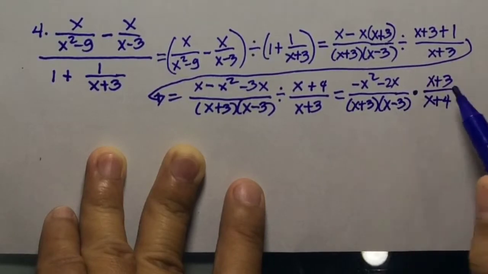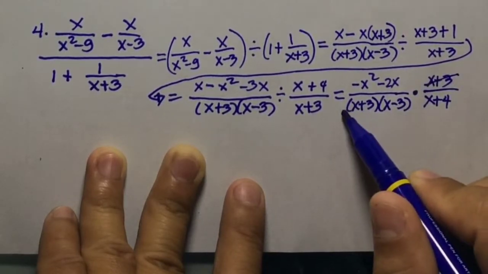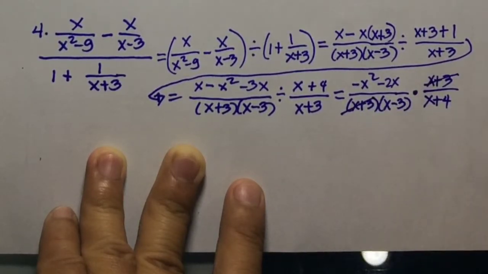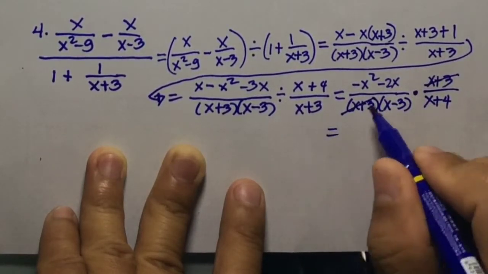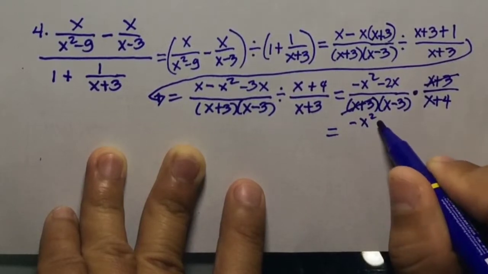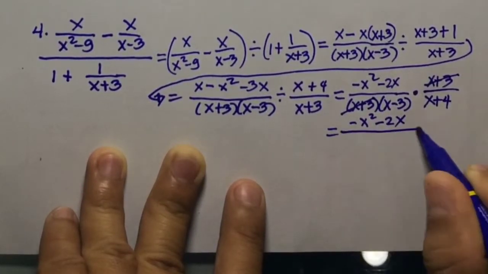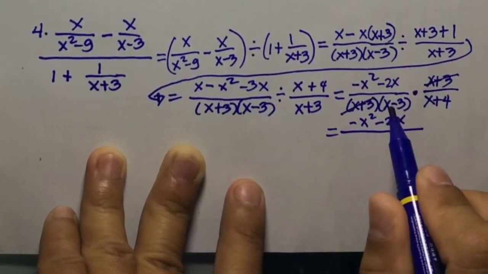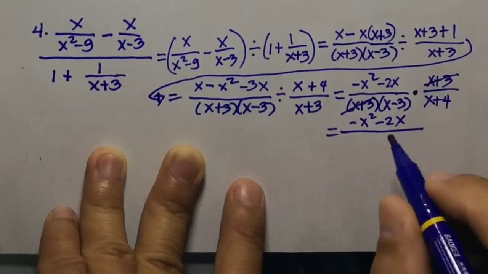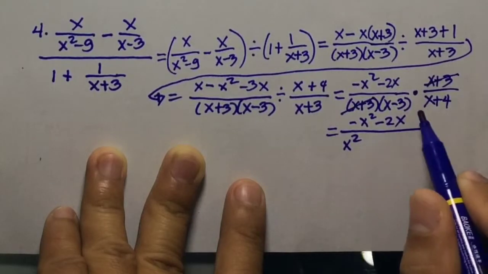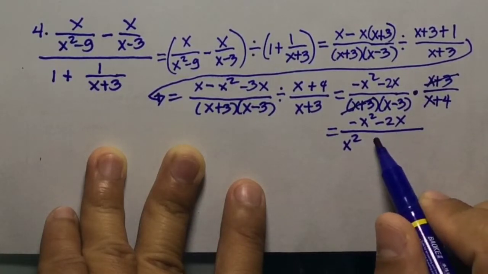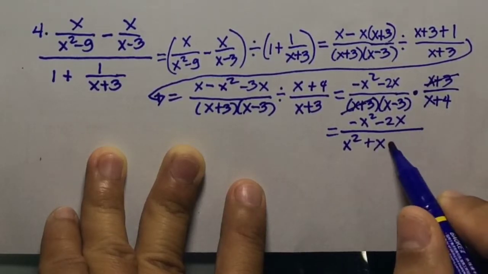Then x plus 3 in the numerator and in the denominator cancel out. So our answer will be negative x squared minus 2x over the product of x minus 3 and x plus 4. It will be x squared, plus x, then minus 12.